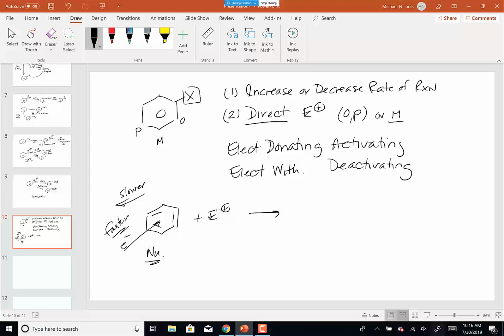And with one exception, the electron donating, activating, and electron withdrawing, deactivating groups, that's how we break down whether it's ortho para directing or whether it's meta directing. But there is one exception. There is an electron withdrawing deactivating group that is an ortho para director.